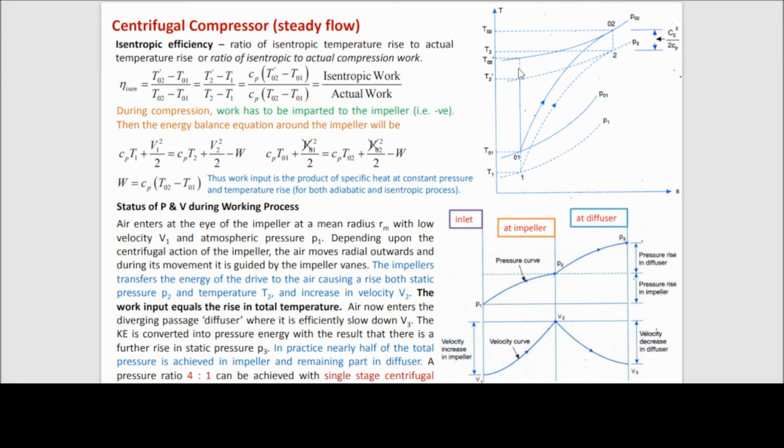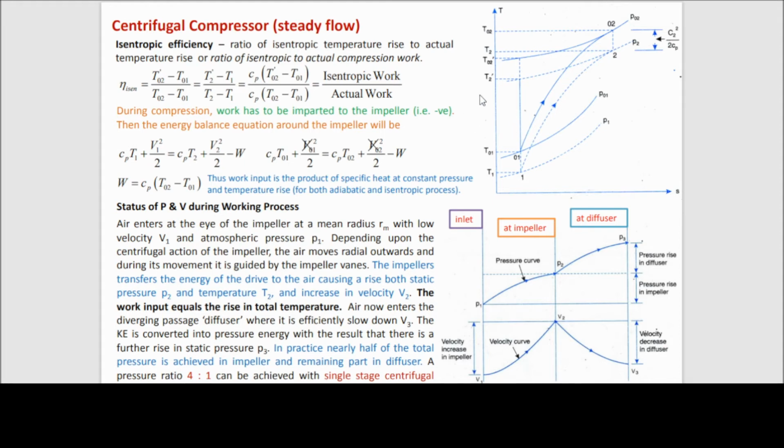So this can be considered as an ideal process with which we can compare the actual process, and we can always try to approach this ideal one. That means when we give in work here, this will be more and this will be less.